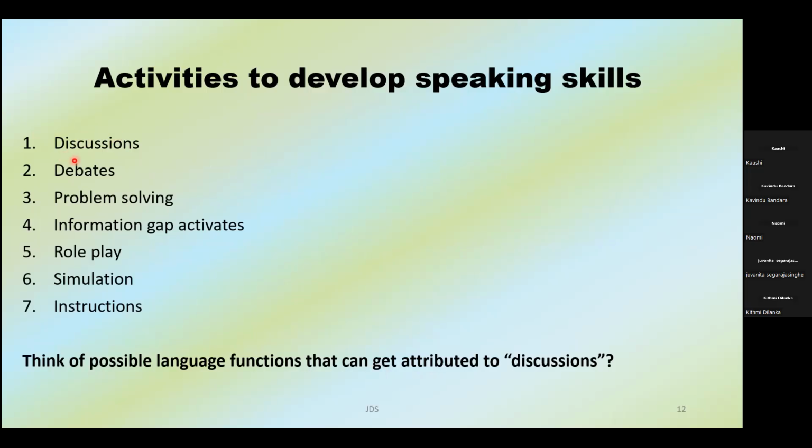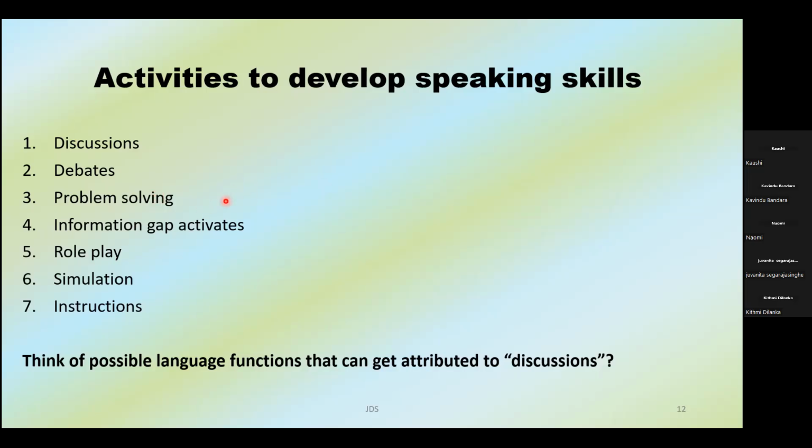Discussions we discussed. Debates also we had. Problem solving, you assign them with a problem, with a situation. Now one child is coming to school late every day. Never is he on time. What solutions can be taken or how can we make him come on time?